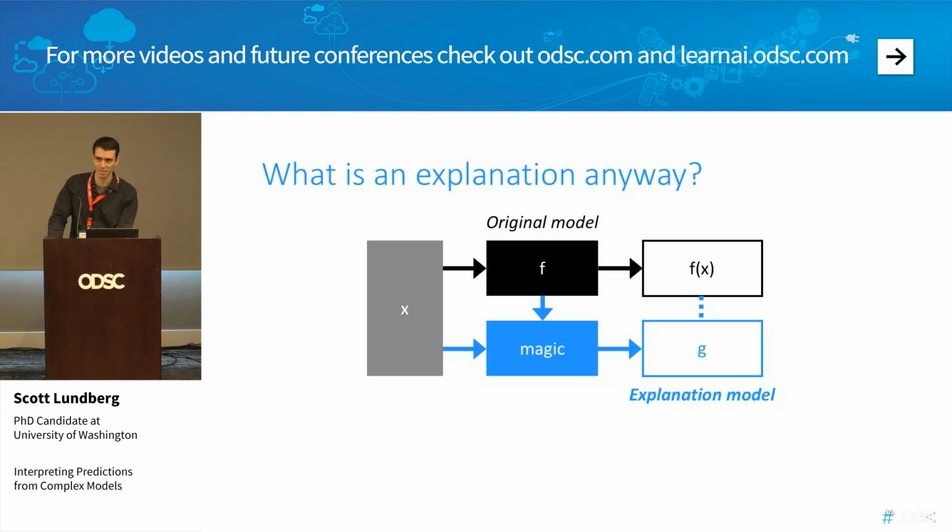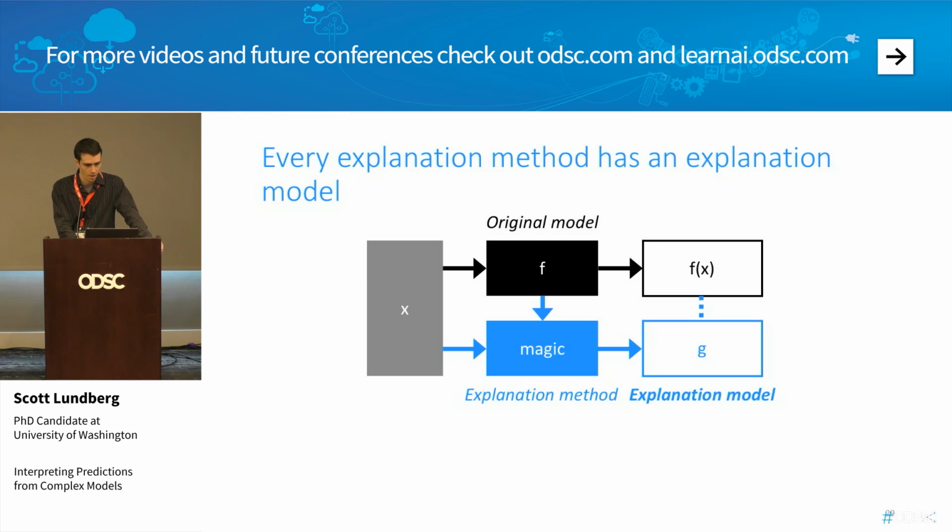So this magic box here is supposed to spit out explanation models that we can understand and that are good approximations of f in the regions we care about. So this is really an explanation method. Now, one thing I want to point out is that under this definition, every explanation method has some explanation model. That means that whatever method you're using, it's worth thinking about what is the model it's spitting out.